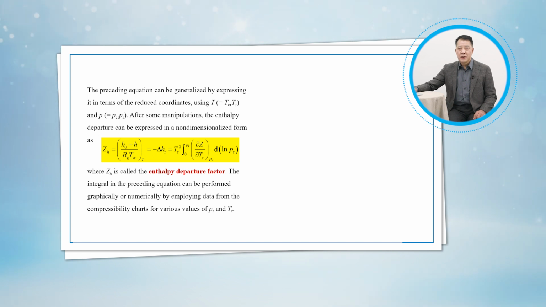The integral in the preceding equation can be performed graphically or numerically by employing data from the compressibility charts for various values of P_R and T_R.